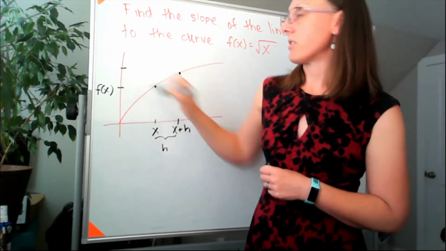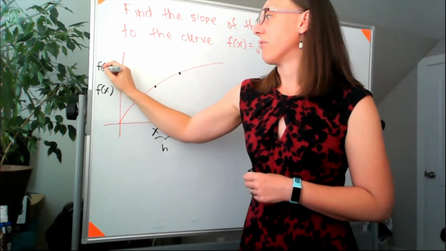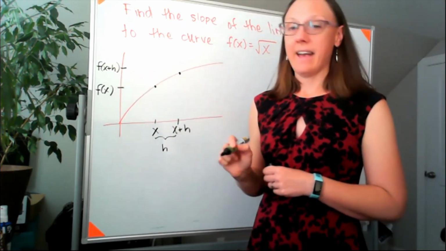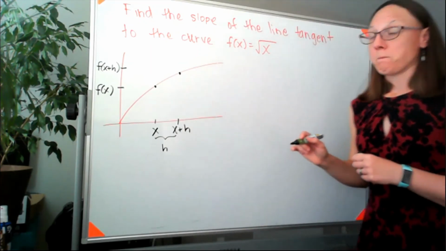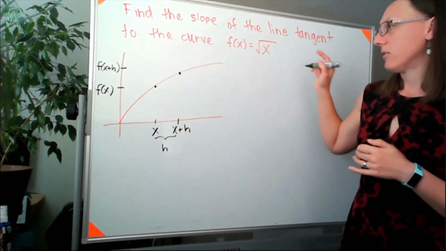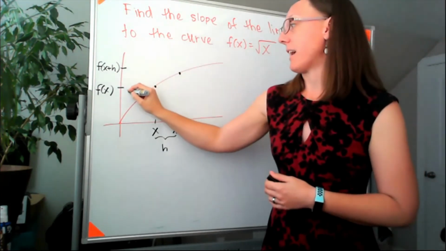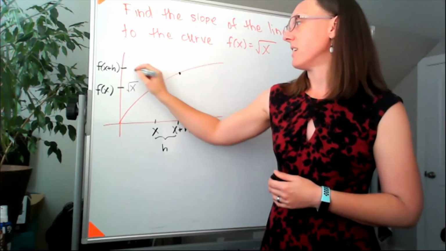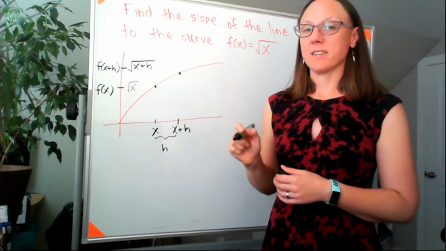And if I came up here to get to the y value, my y value would be at f of x plus h. Or for this particular function, that would look like the square root of x and the square root of x plus h.